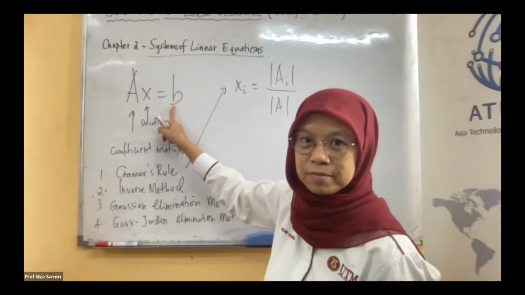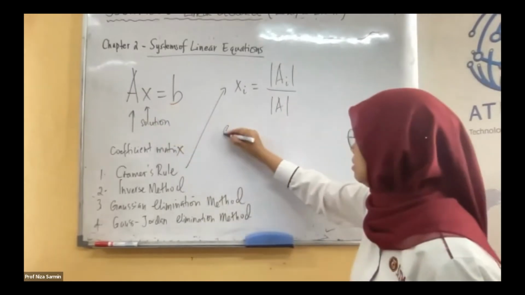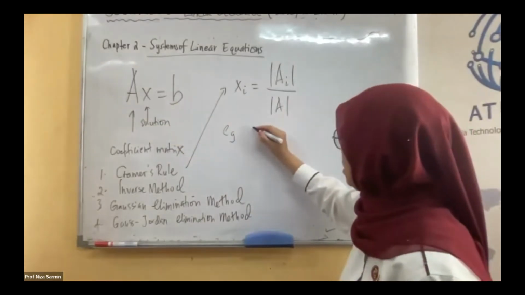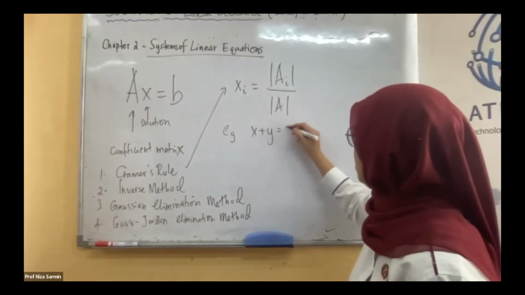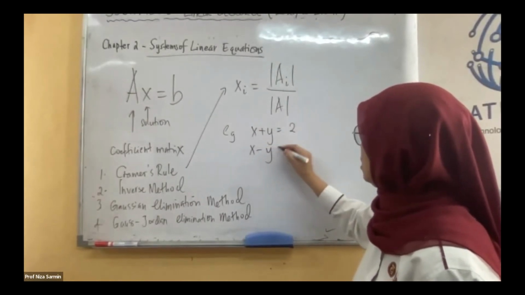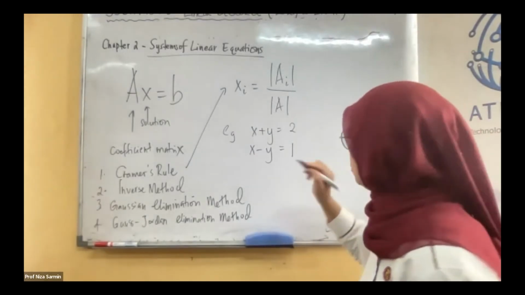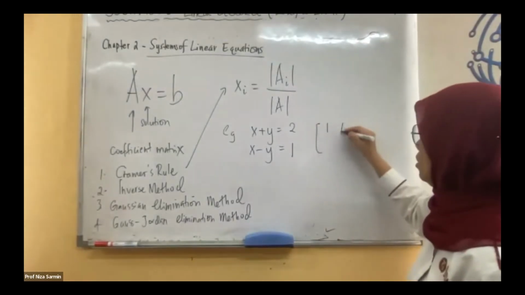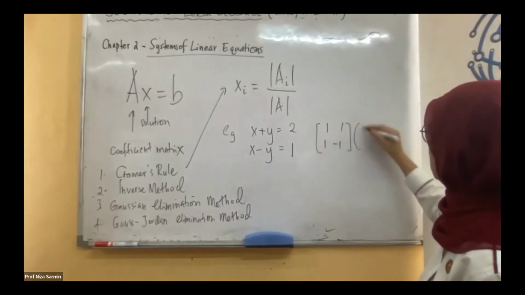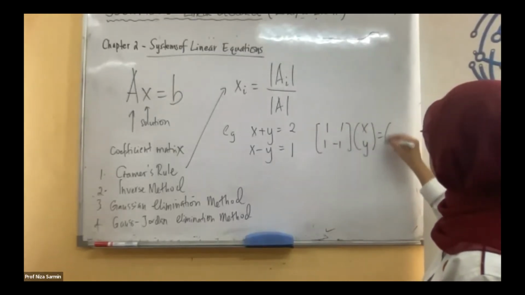Yeah, so as an example, suppose we have x plus y is 2, x minus y is 1, like just now. So we have 1, 1, 1, negative 1 times x, y is 2, 1.